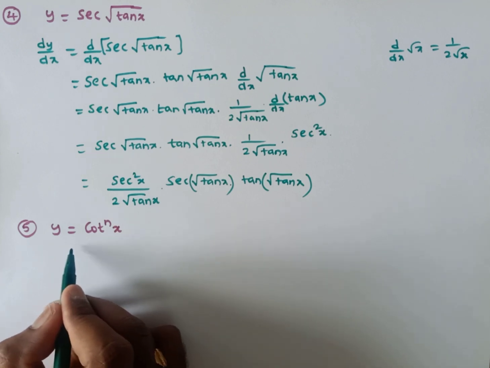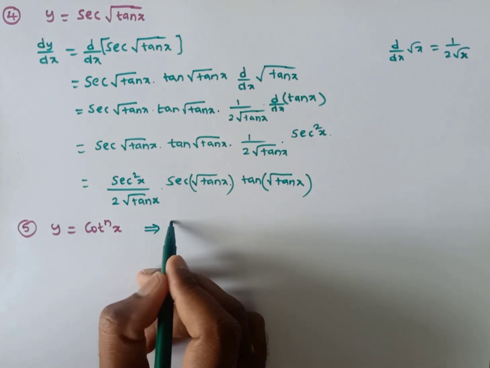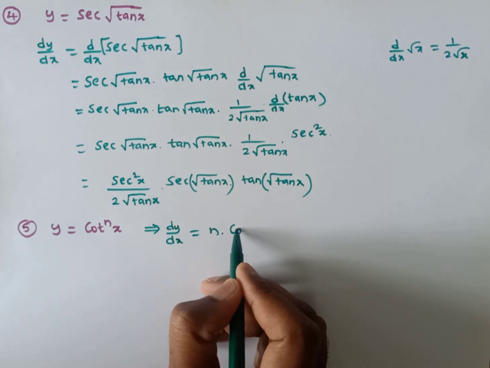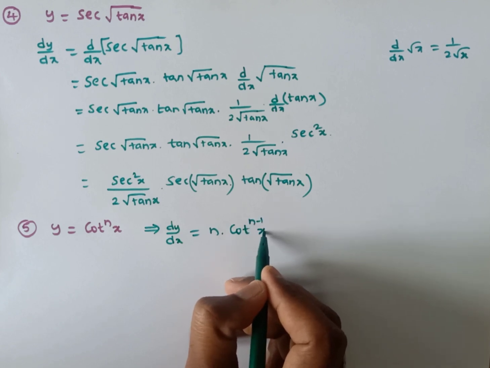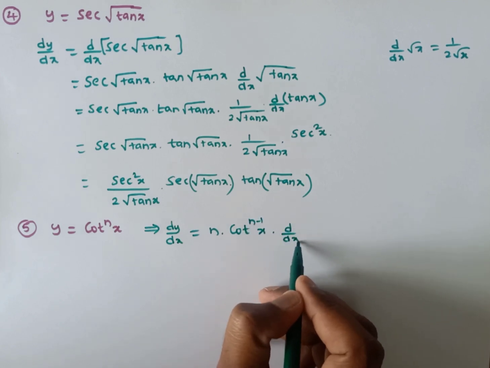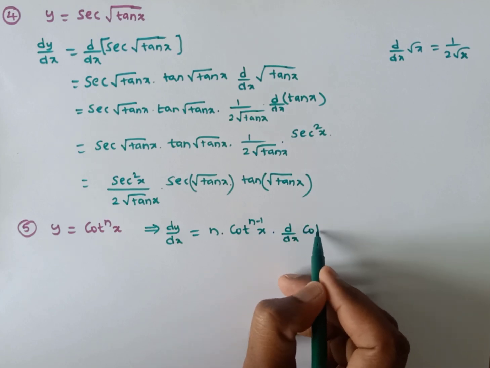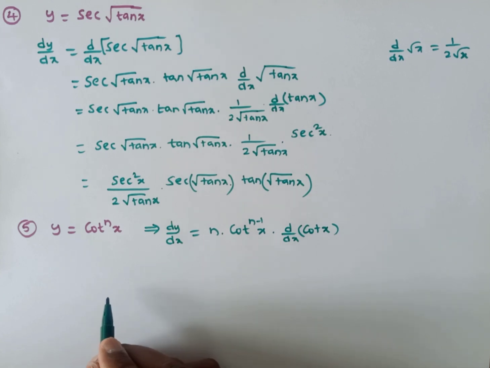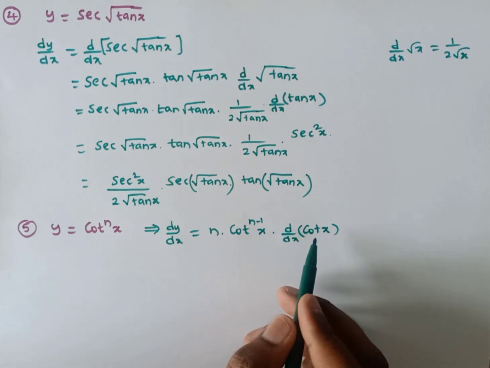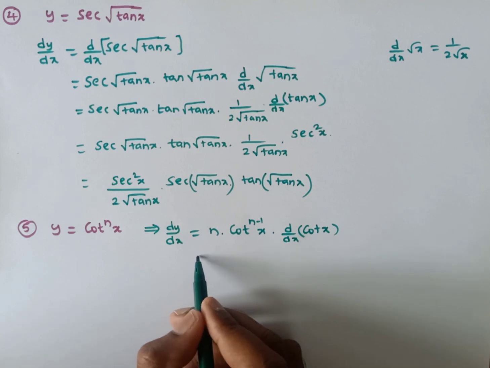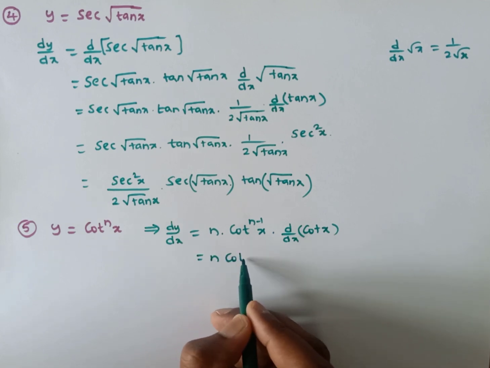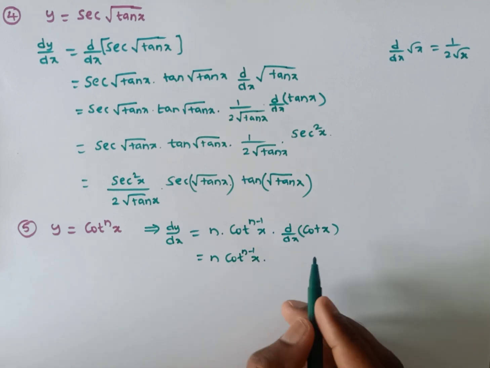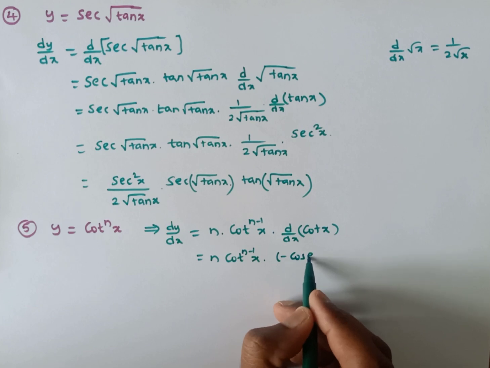So here simply you can apply the derivative. That is, dy by dx is equal to n into cot to the power of n minus 1 x into the derivative of, what is the function here, cot x. So apply cot x carefully. See how the chain rule is being applied. If we take u and v we get confused again, so confirm it right here. So this is n into cot to the power of n minus 1 x into the derivative of cot x. The derivative of cot x is, yes, minus cosecant square x.